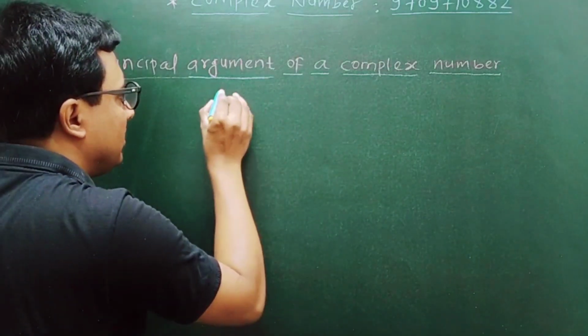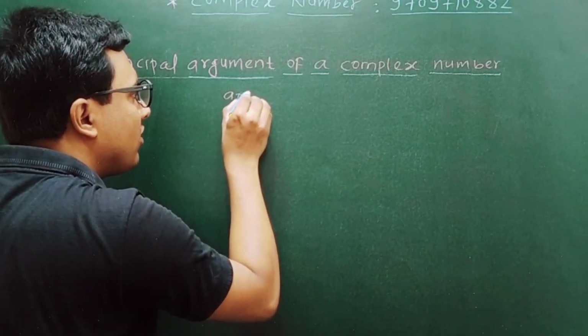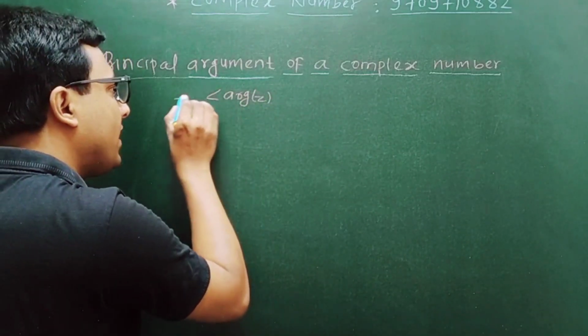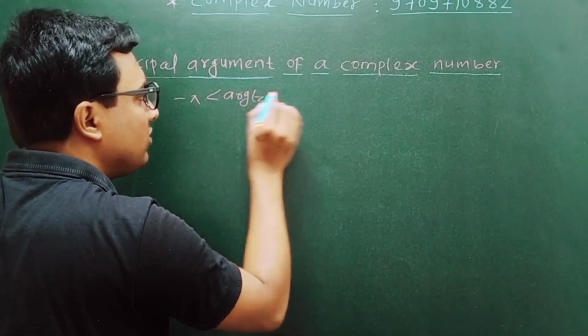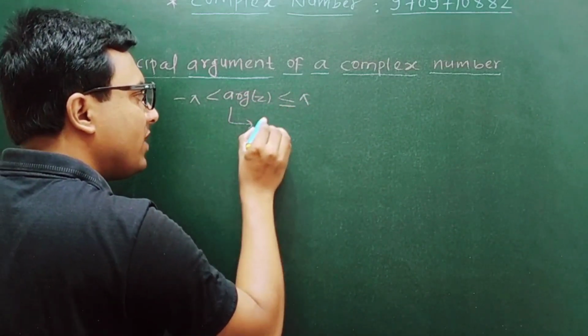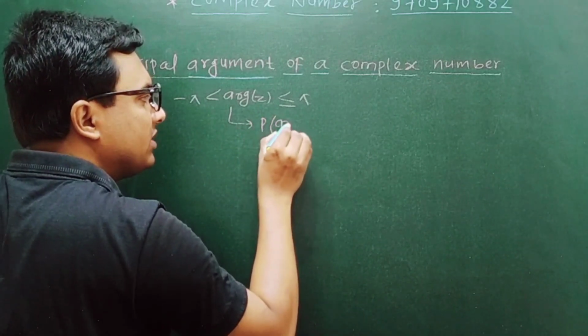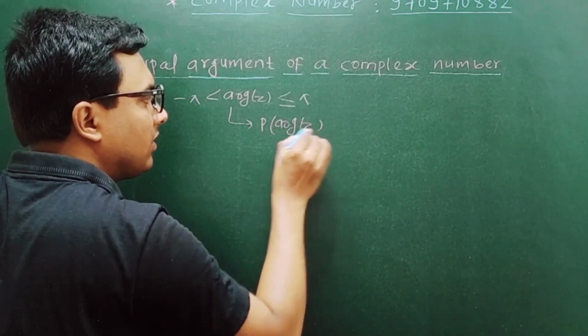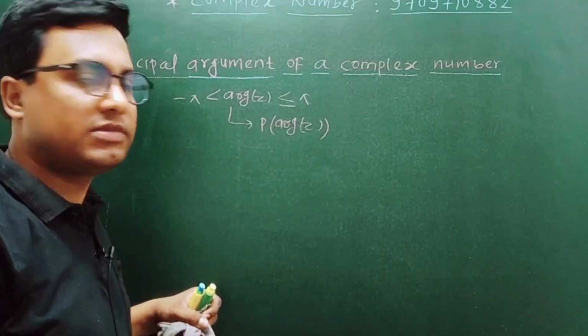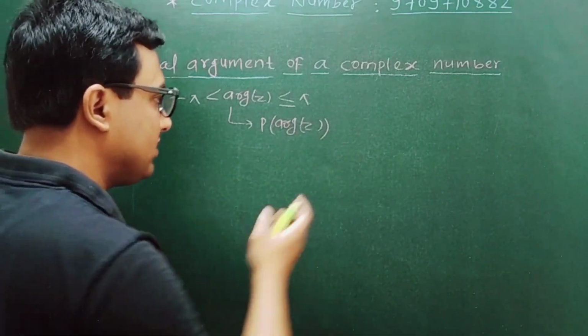Simple definition: the argument of a complex number lying between minus pi and pi is called the principal argument of z. Pi is included here. What do you mean by these terms? What do you mean by pi?